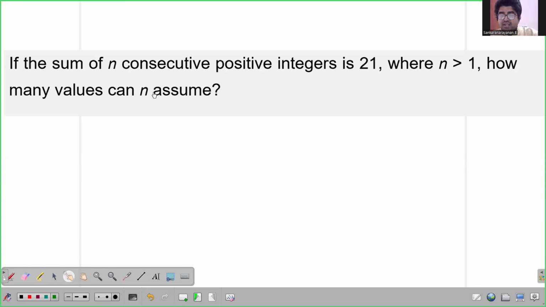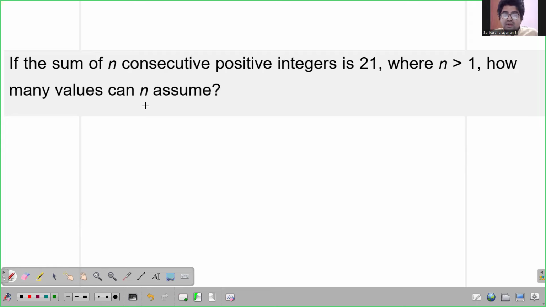Consider the question. It is given that the sum of n consecutive positive integers is 21 and n is greater than 1. How many values can n assume? That's the question.